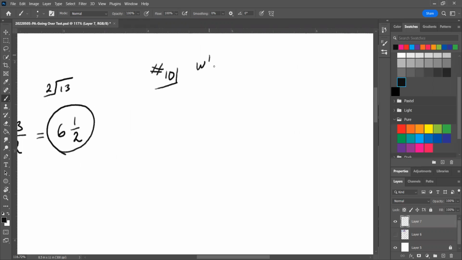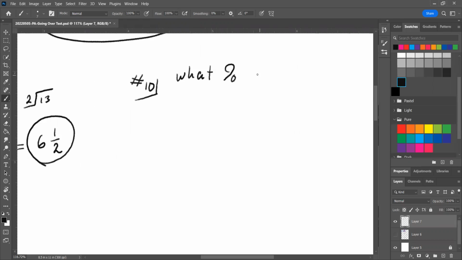What percent of 7 is 28? So you do WP over 100 times 7 over 1 equals 28.